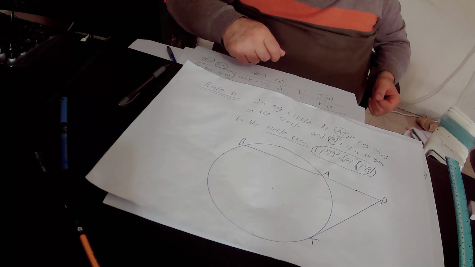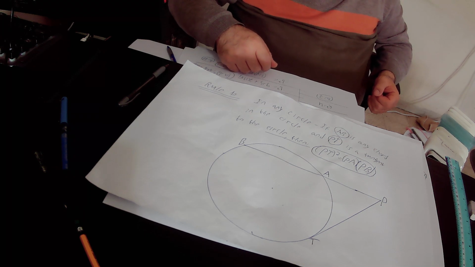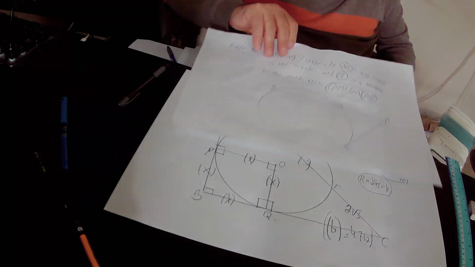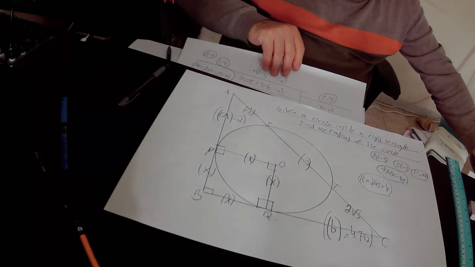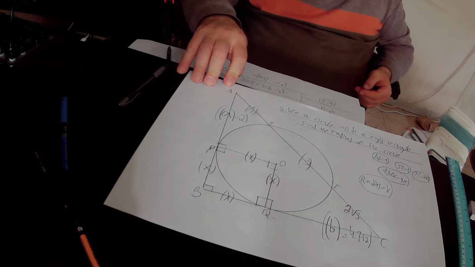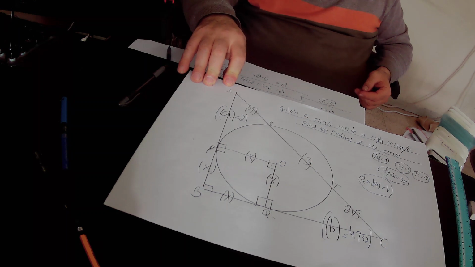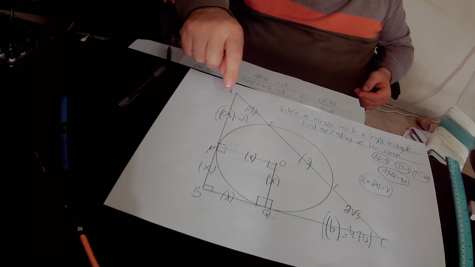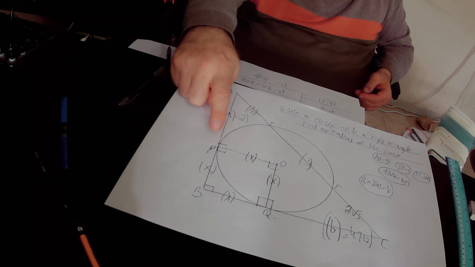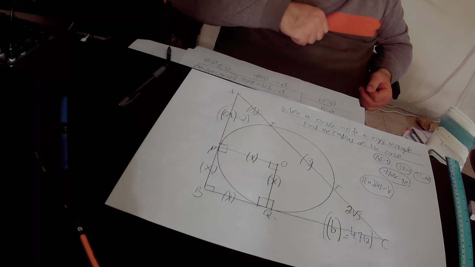We can actually implement rule 10 in our drawing. Why? Because in our drawing, if you focus at this point A, from point A we have tangent AP that is tangent to this circle at point P. Point P is the point of tangency of tangent AP with this circle.